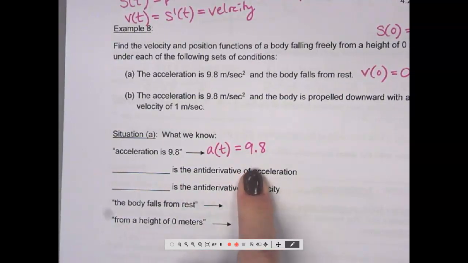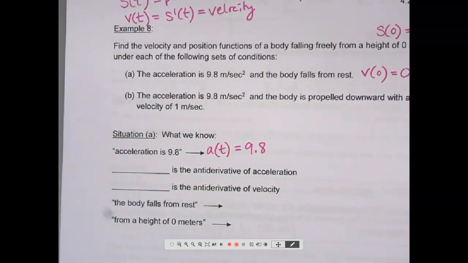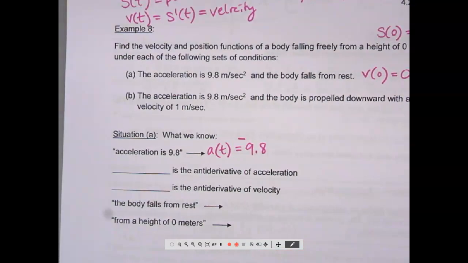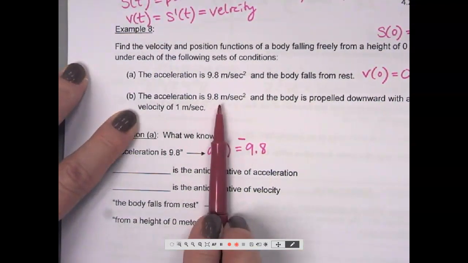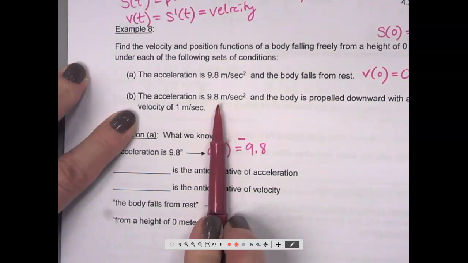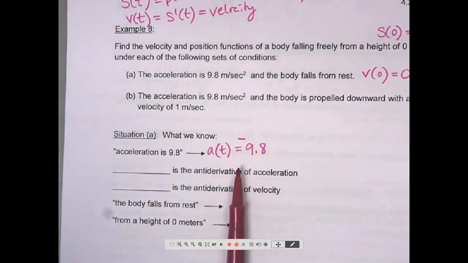What's special about that number? Gravity. Okay, what is this gravity doing to our rock? Going downward. So I'm going to use a negative. Now I know it's not listed as negative here, but because I know the acceleration is due to gravity and is pulling it downward, I'm going to use a negative there.